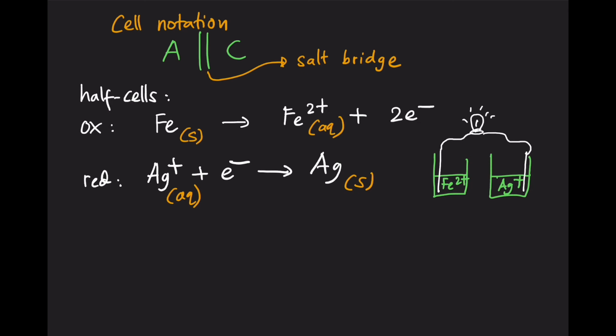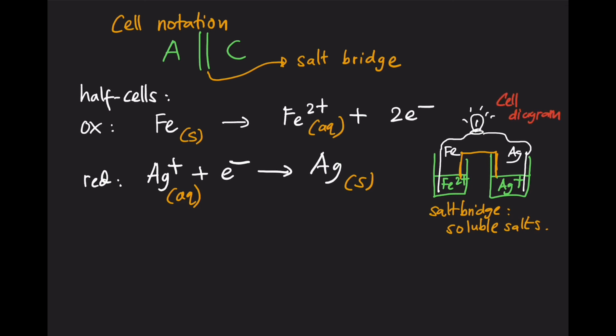Here we have Fe solid, here we have Ag solid, and don't forget to close this electricity loop, and to balance the charge, we will have a salt bridge. A salt bridge is normally made of a soluble salt, like KCl, NaCl, and so on. So this is what we call the cell diagram.